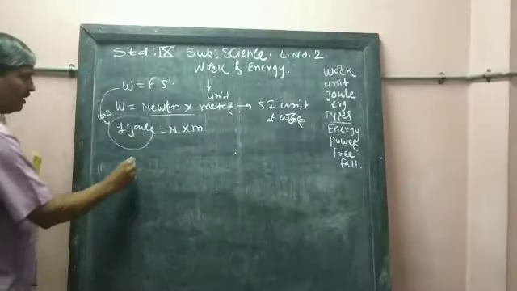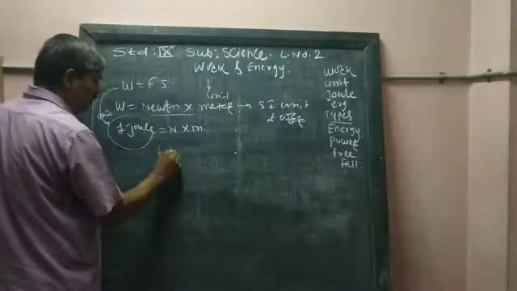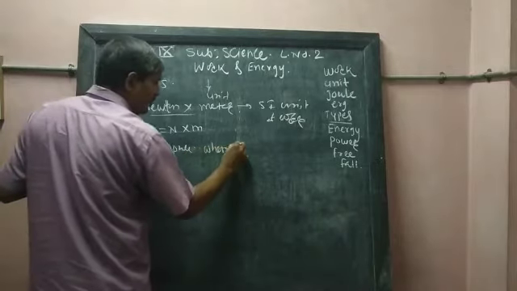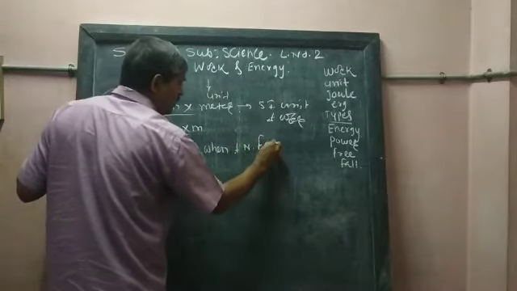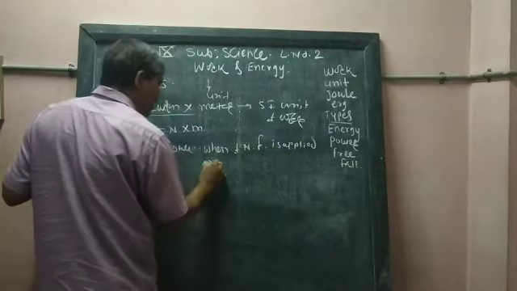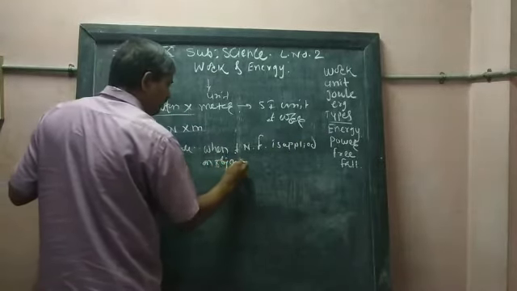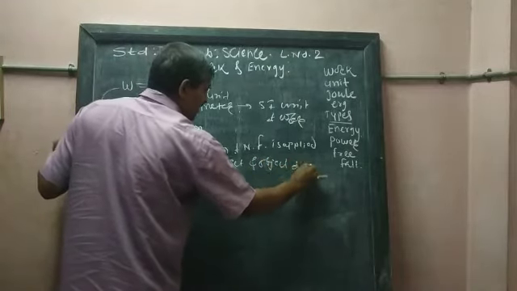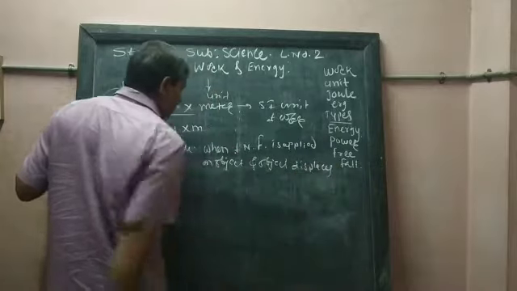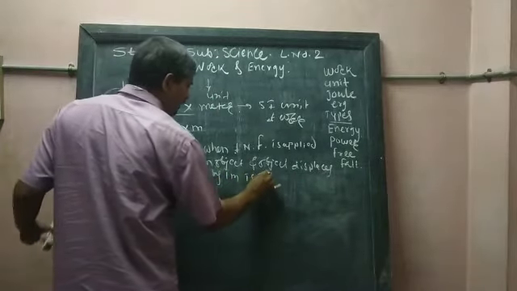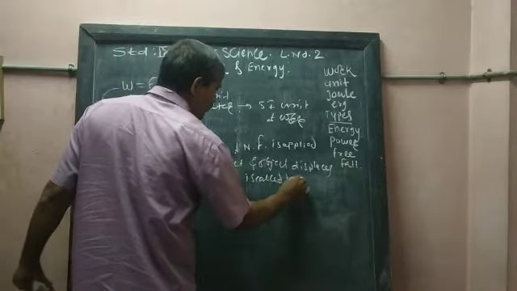Understand? Look here, the definition of 1 joule: when 1 Newton force is applied on an object and the object is displaced by 1 meter, it is called 1 joule.